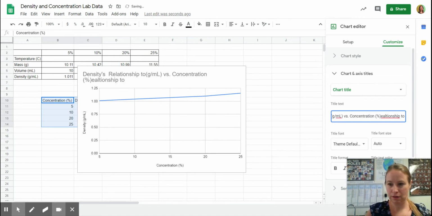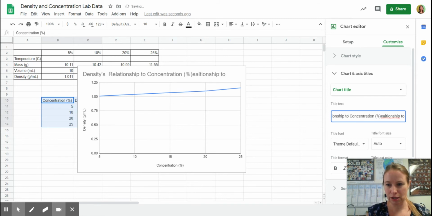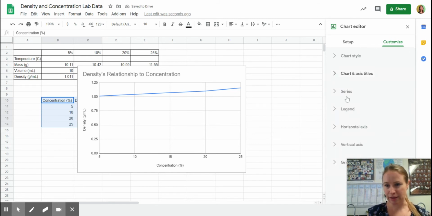Get rid of all the other stuff. Densities relationship to concentration. Extra space there. Okay. So that looks a little bit better, but I don't like all that dead space at the bottom.